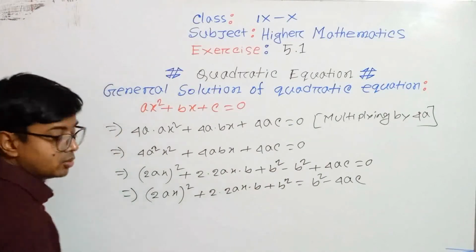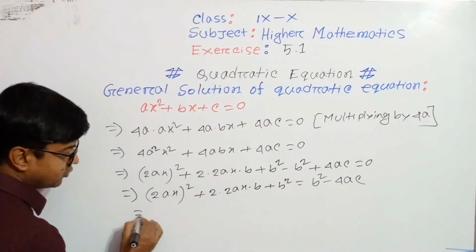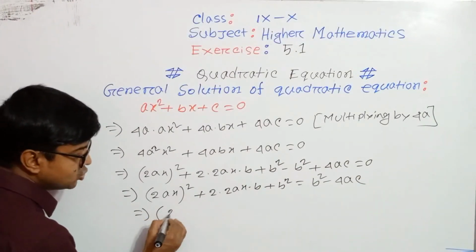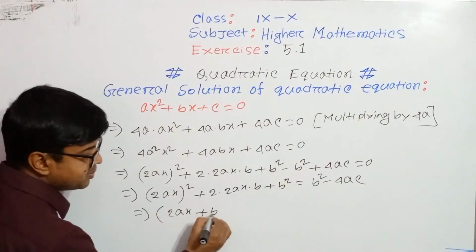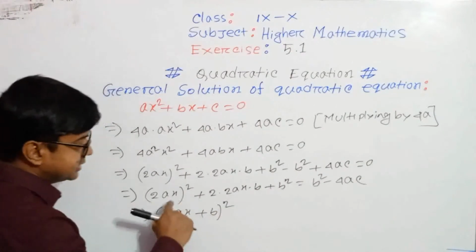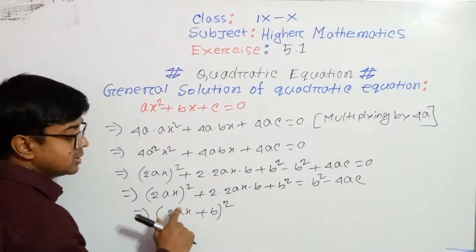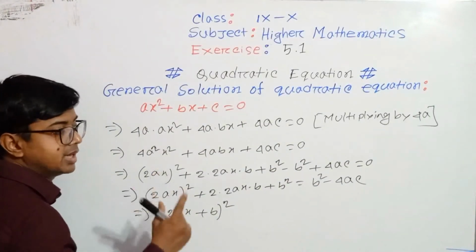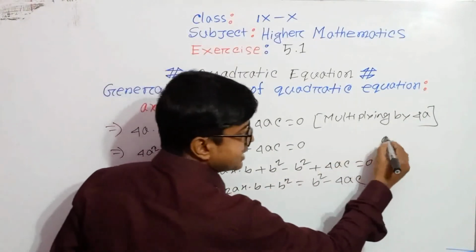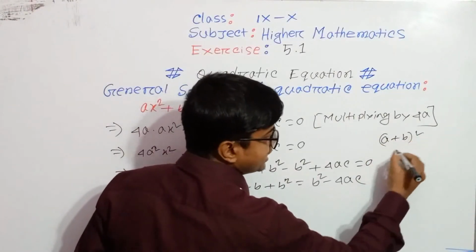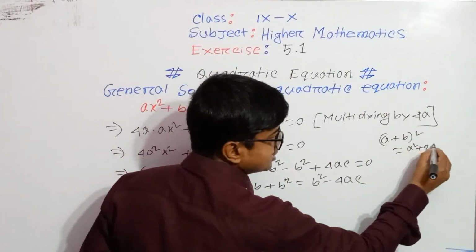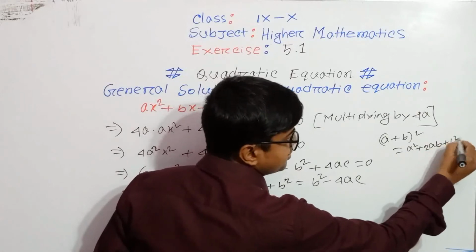Now for this part we can write (2ax plus b) whole squared. This is the formula of (a plus b) whole squared, like this: (a plus b) whole squared is a squared plus 2ab plus b squared.